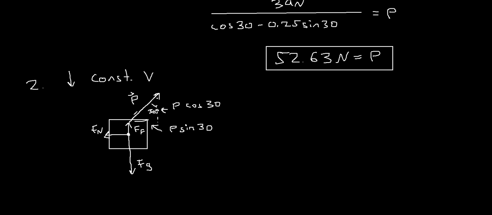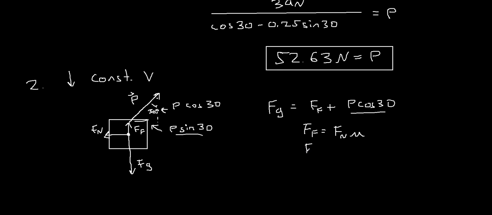So we'll get the equation. Force of gravity has to balance out with force of friction plus P times cosine 30, because this is the vertical component of P. Force of friction equals your normal force times mu, and the normal force was P sine 30.